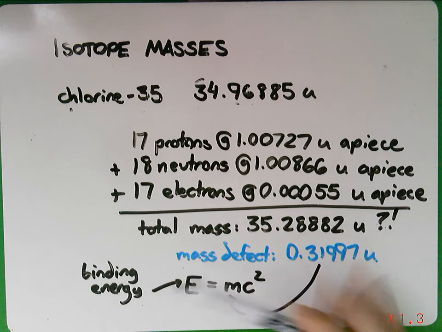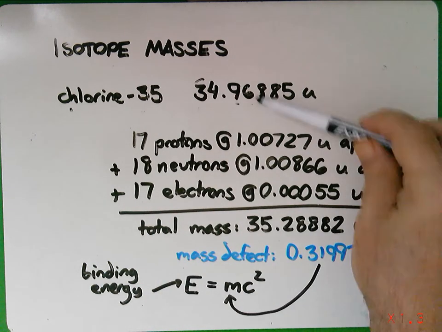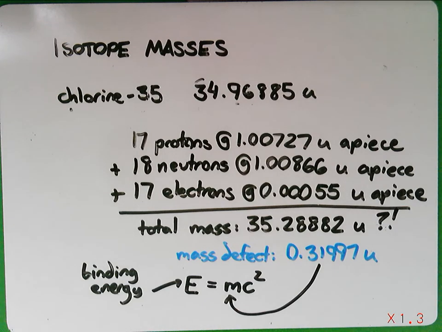And that's another reason why these two numbers are different, because of that binding energy. If you had ignored that tiny little discrepancy, that mass defect, you would miss the whole thing about nuclear power. That's how nuclear power works. You're releasing some of that binding energy.